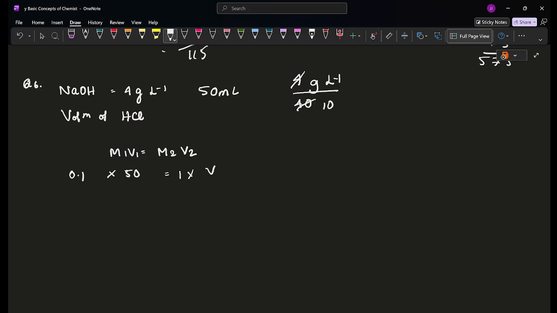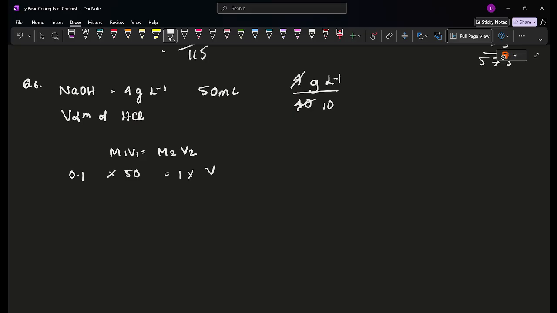Okay, so calculate the molarity of NaOH. They've done it the same. They've got 0.1 molar, and moles of NaOH is molarity of NaOH into volume, and they've written the reaction. So if the moles of NaOH is 0.005, then even for HCl it's supposed to be the same.